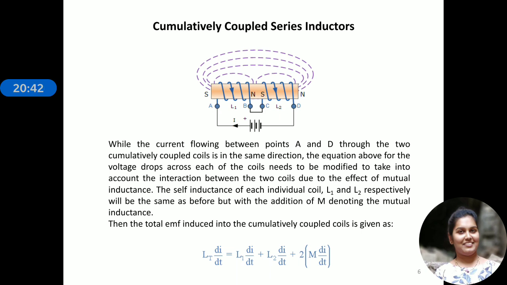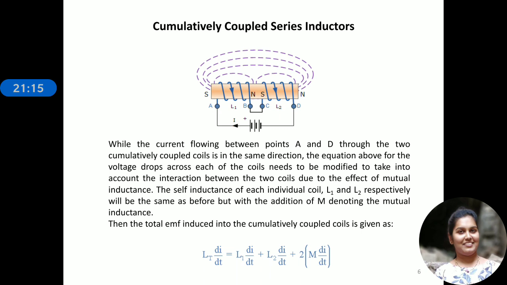B and C terminals are connected in series. Between the terminals A and D, we have supplied an energy source. Through that supply, a current I flows, and the direction of the current supplied by the battery is the same in both coils, L1 and L2. That is what we can clearly observe from the diagram.